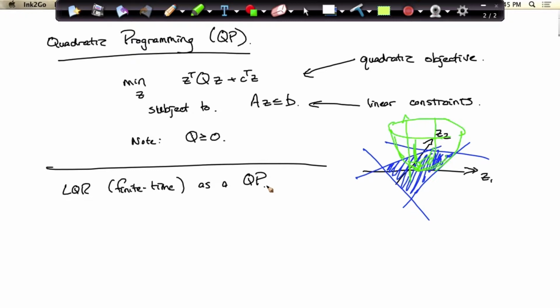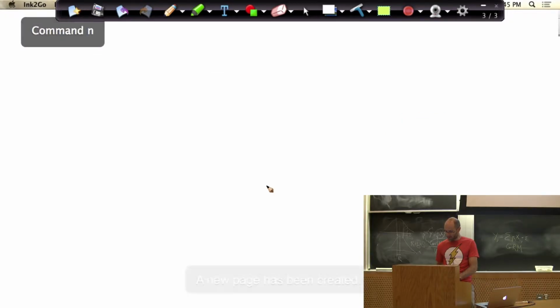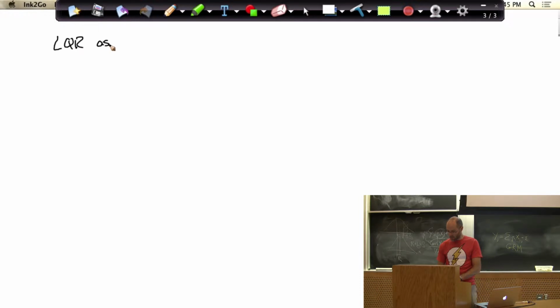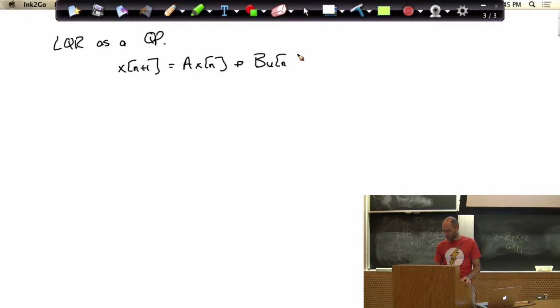All right, so let's do that on the next slide. We'll go ahead and discretize time just to keep it cleaner, but that's not actually required. It's required to discretize your inputs, but not your state. Everything's simpler like this.